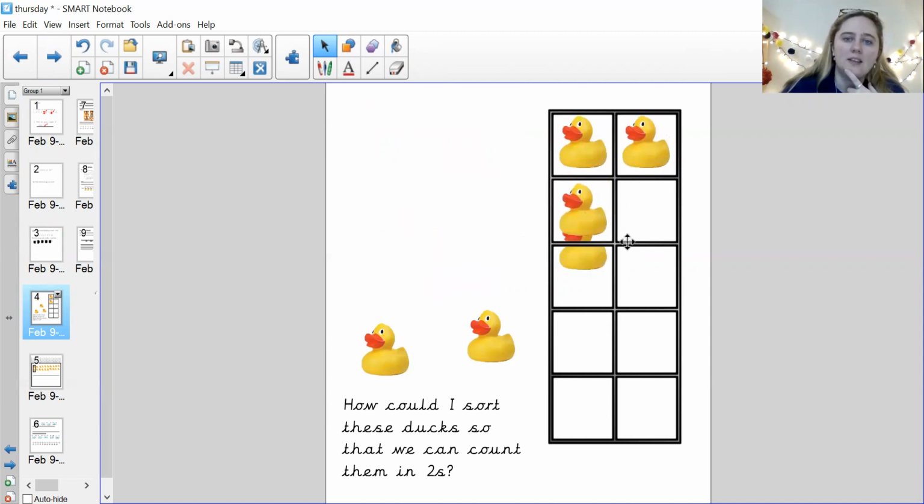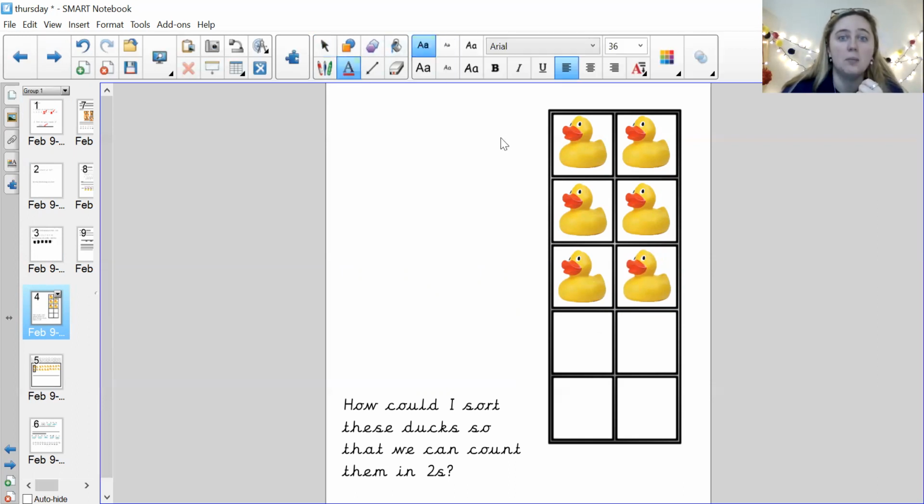And then they're sitting in twos. So let's count them in twos now. Can you count with me? So we've got 2, 4, 6. Fantastic. We have 6 ducks.